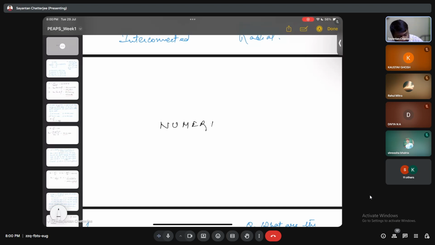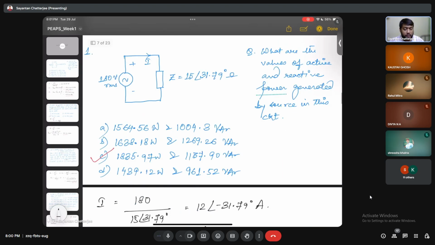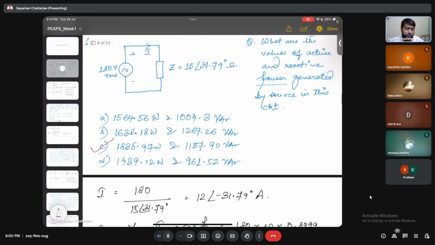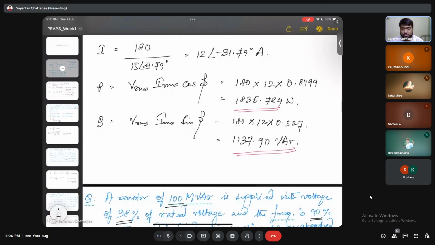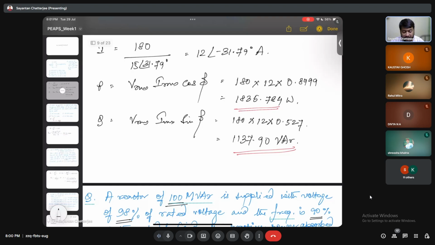And I will upload this and share it in the portal. I'll share the link with the committee, means the course coordinators, and they will surely upload it in your NPTEL SWAYAM portal. You will get a tab, problem solving session or something like that.